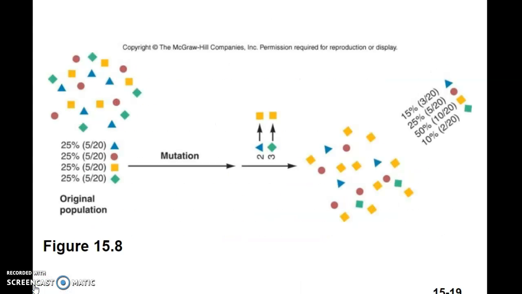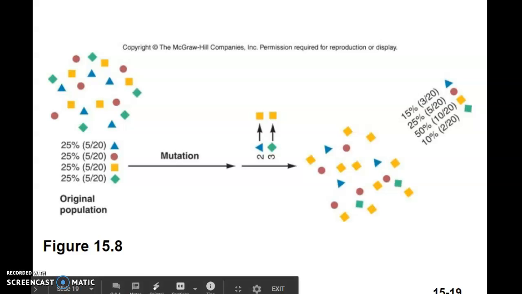On our Lucky Charms graph, we've got the blue triangles and green diamonds becoming yellow squares, so those traits will increase and the other ones decrease.